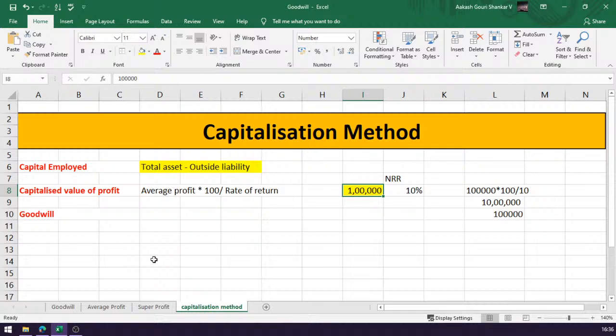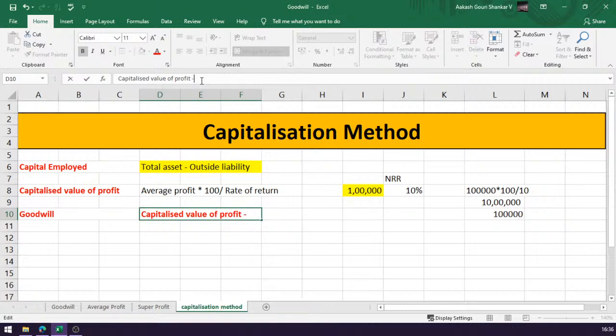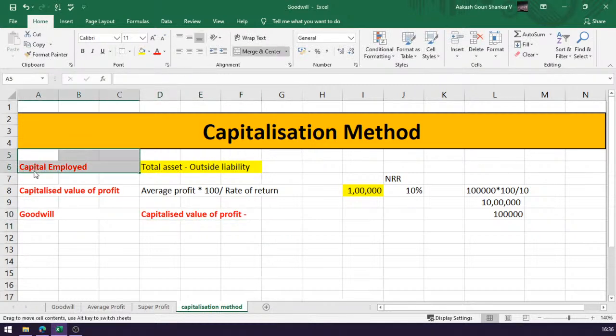So what will be the value of goodwill? Goodwill is equal to capitalized value of profit minus my capital employed. What is this? This is the real value of investment.